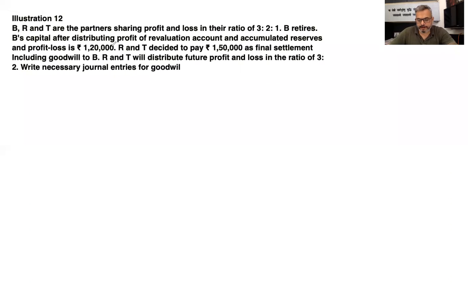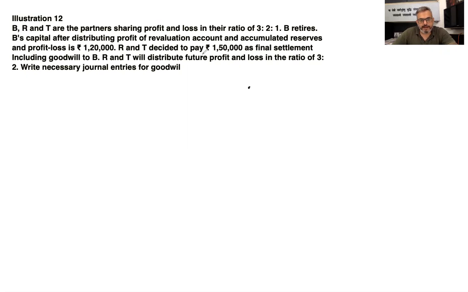Now, B, R, and T are partners sharing profit and loss in the ratio of 3 is to 2 is to 1. B retires. B's capital after distributing profit on revaluation account and accumulated reserve and profit and loss is 1,20,000.